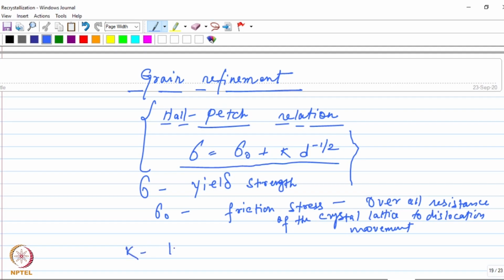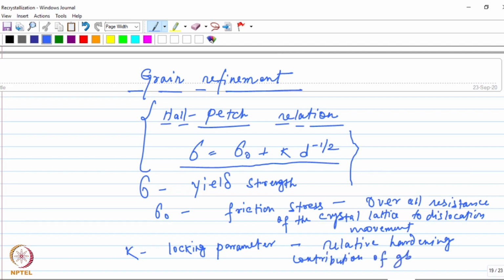K is known as locking parameter, which represents the relative hardening contribution of the grain boundaries. And d, of course, is the grain size.